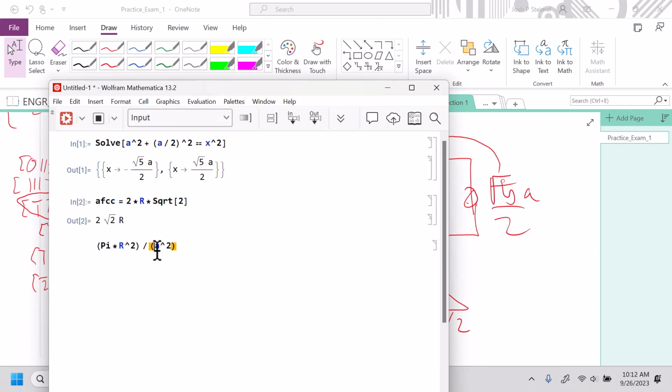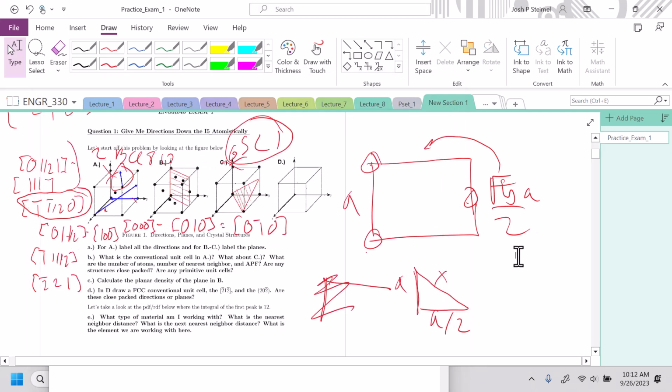So A of FCC is not squared, although times A of FCC times square root of 5 divided by 2. And 0.3512. And that is not close packed.